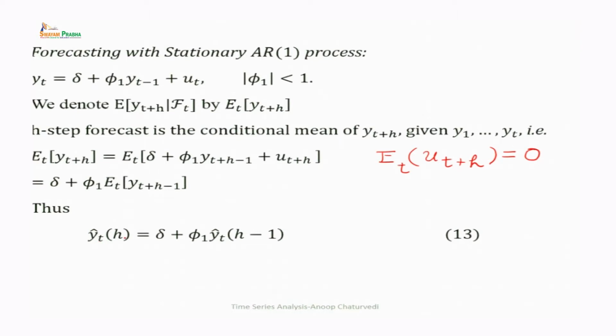So, y hat t h is equal to delta plus phi 1 y hat t h minus 1, because this part gives you the h minus 1 step ahead forecast value. So, you get this kind of recursive relationship between the h step ahead forecast and the h minus 1 step ahead forecast of the AR1 process.